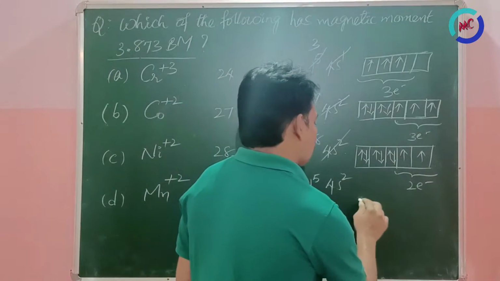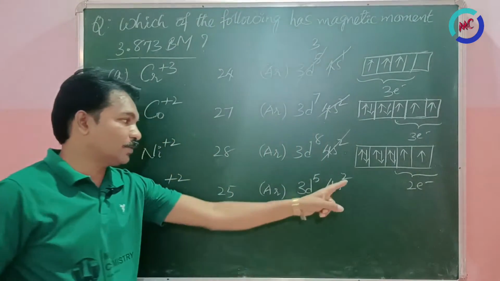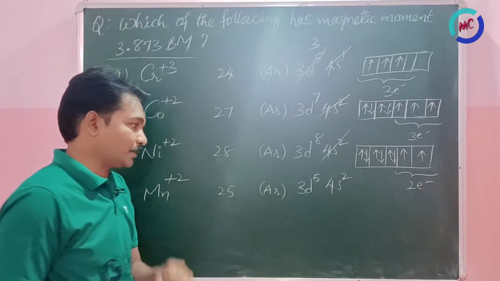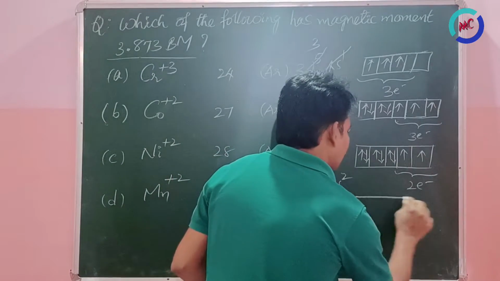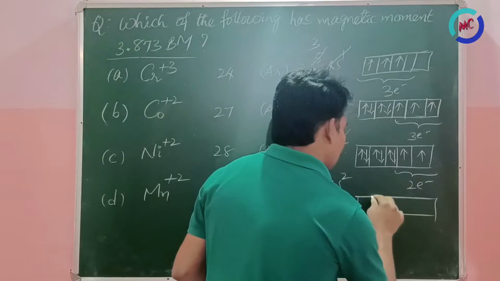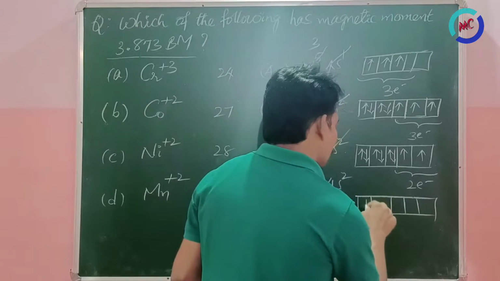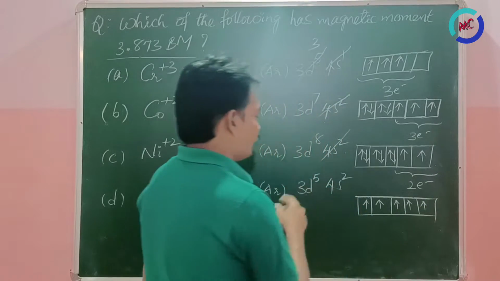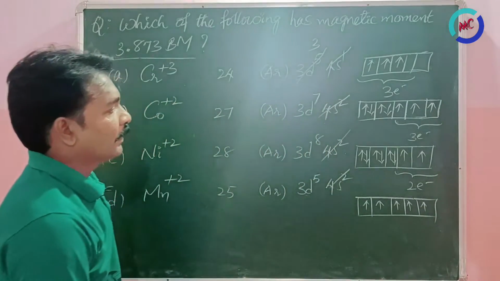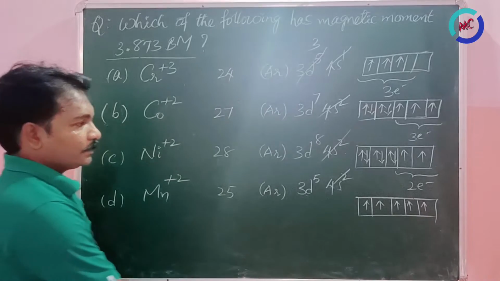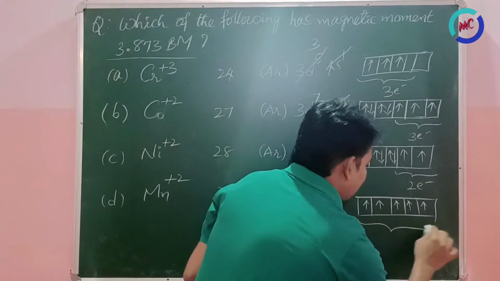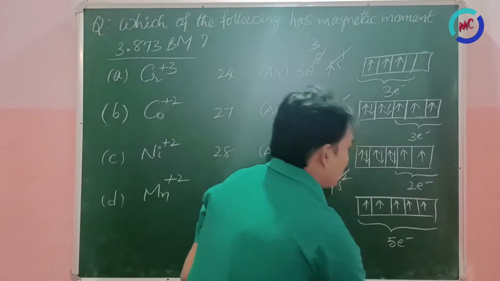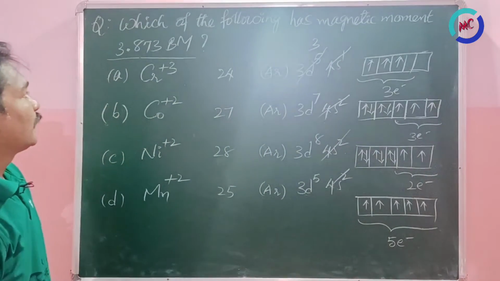By losing 2 electrons, it becomes Mn plus 2. If you write the configuration, 1, 2, 3, 4, 5. How many unpaired electrons are there? 5 unpaired electrons are there.